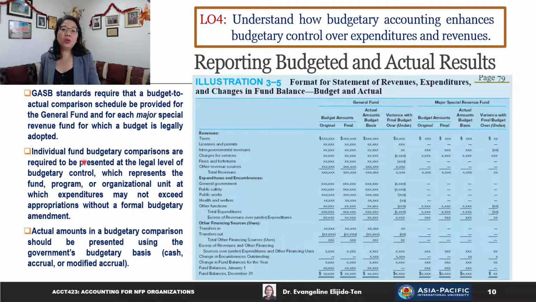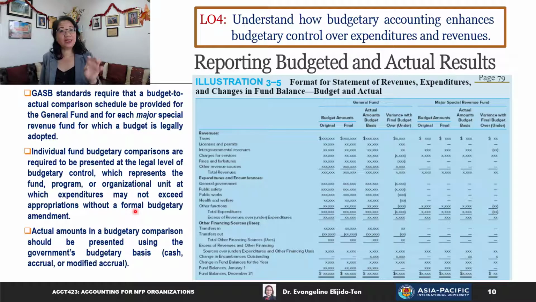All right. So the individual fund budgetary comparisons are required to be presented at the legal level of budgetary control. This represents the fund, program, or organizational unit at which expenditures may not exceed appropriations without formal budgetary amendment.